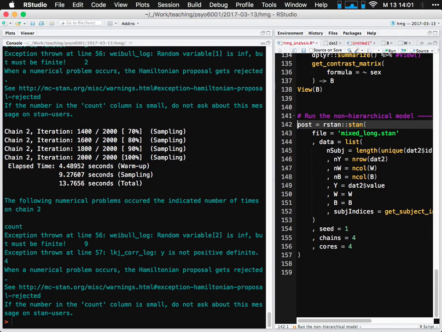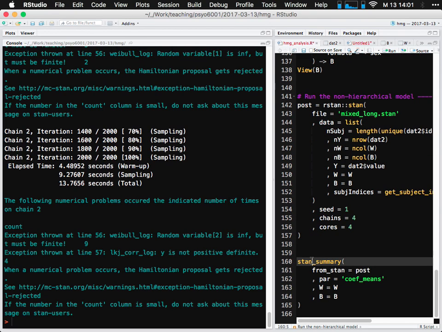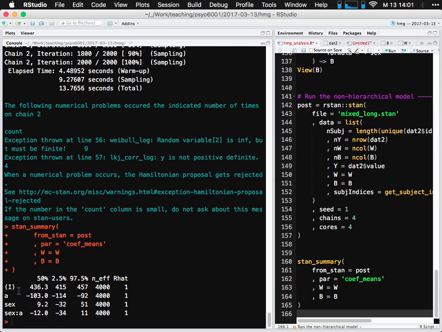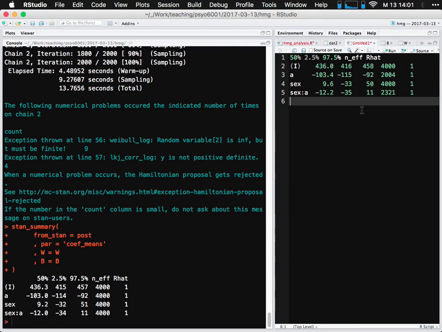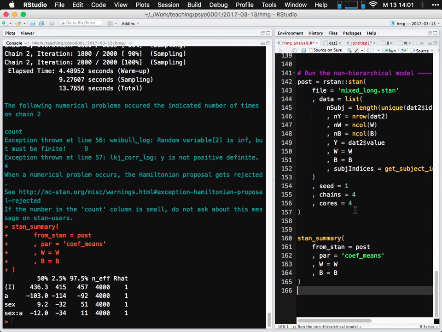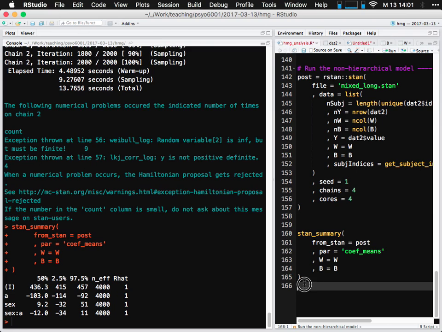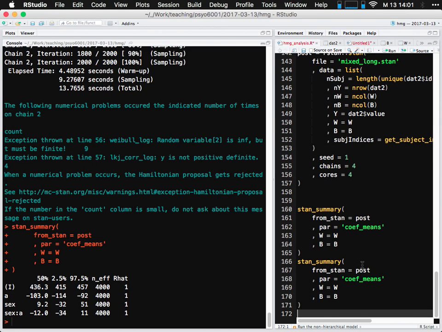Just double check what the names of the parameters were in this old style. Oh, it was the same thing. Okay, so coef means. So let's compare. Pretty similar in terms of the credible intervals on each parameter for the coef means. Pull up coef SDs.